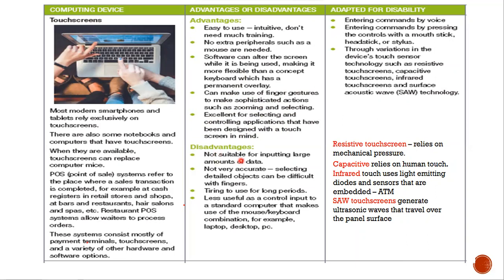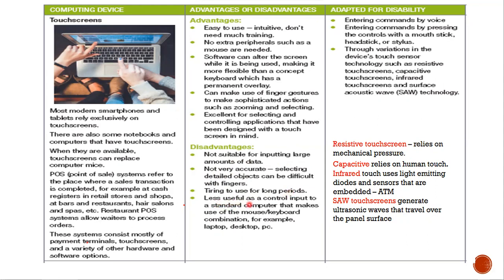The disadvantage is it is not suitable for inputting large amounts of data. A standard keyboard is better suited for large amounts of data. It is not very accurate. Selecting detailed objects can be difficult with fingers, whereas a mouse may make it easier. And it is tiring to use for long periods.